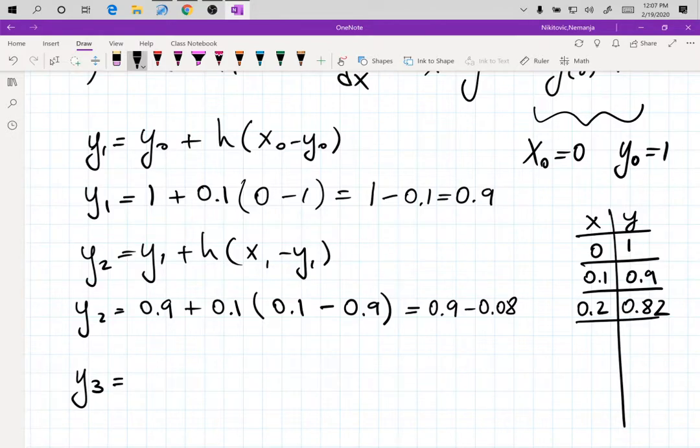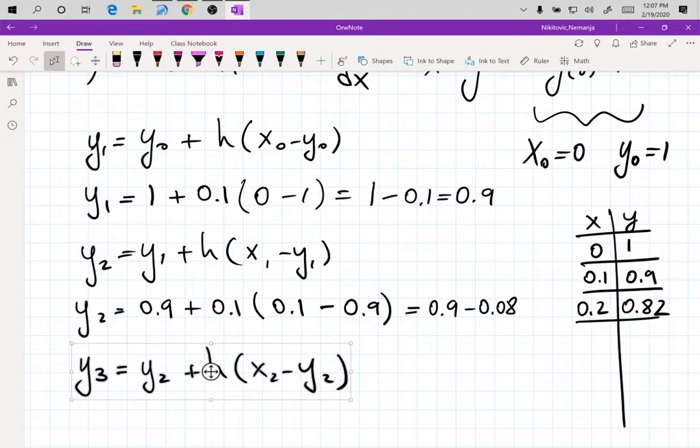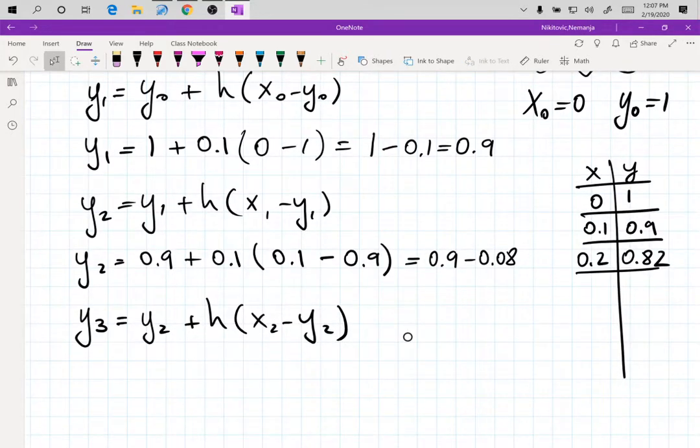y3 is y2 plus h times x2 minus y2. You see, this becomes boring very quickly. And guess what? In certain universities, you get to do all of this on the test, 5 or 6 calculations, no calculator of any kind, not even a solar calculator with 4 operations.